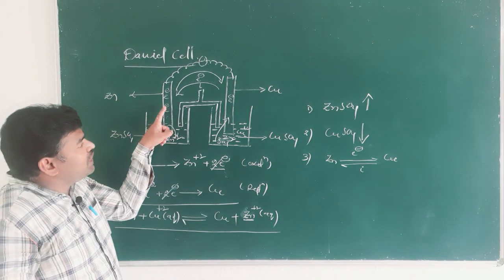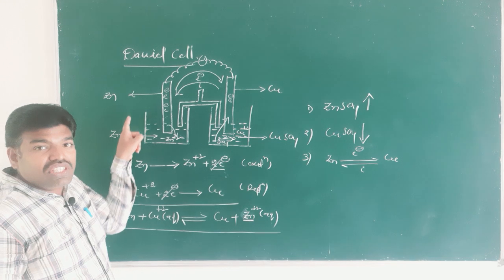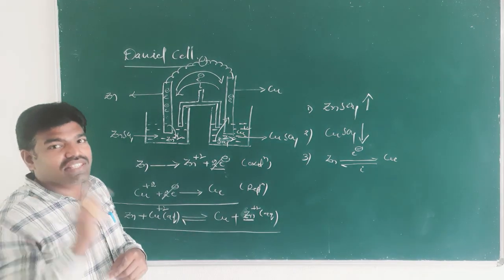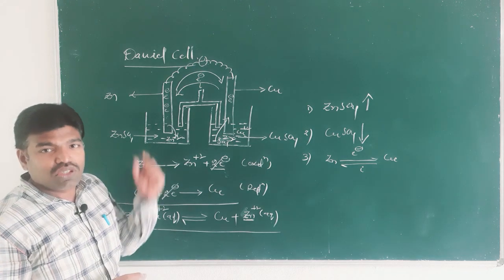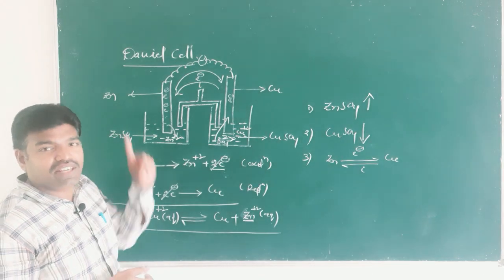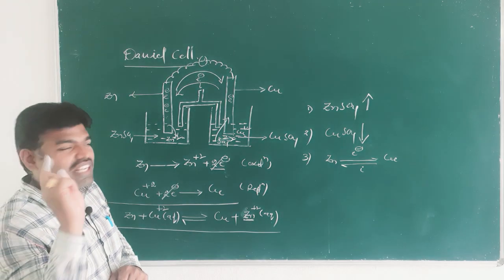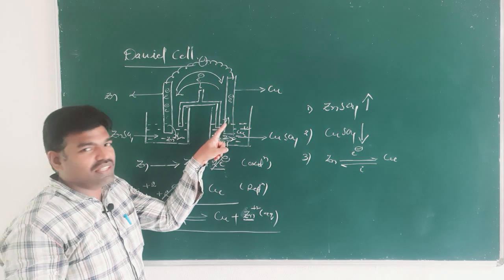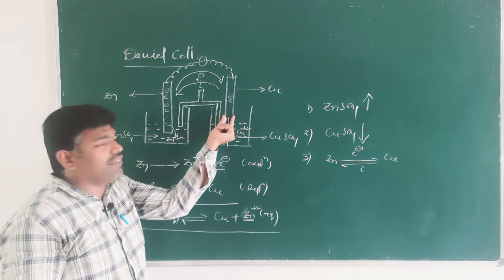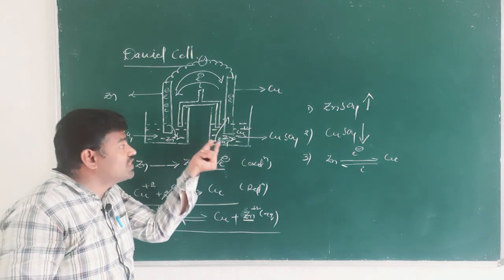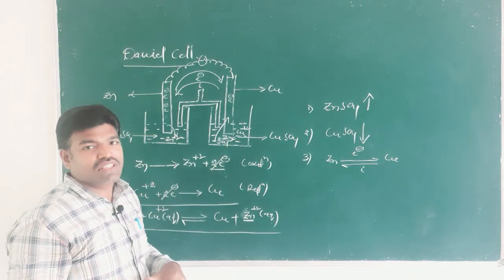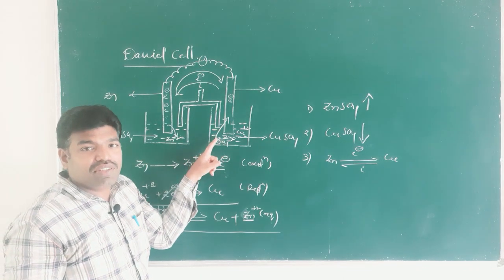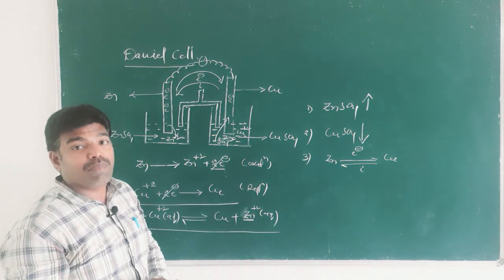So there exists a difference, and that potential is called the oxidation potential, right? And copper undergoes reduction, Cu+2, and the copper rod acquires a positive charge and the solution acquires a negative charge. So the potential between the copper rod and the copper sulfate solution is called the reduction potential.